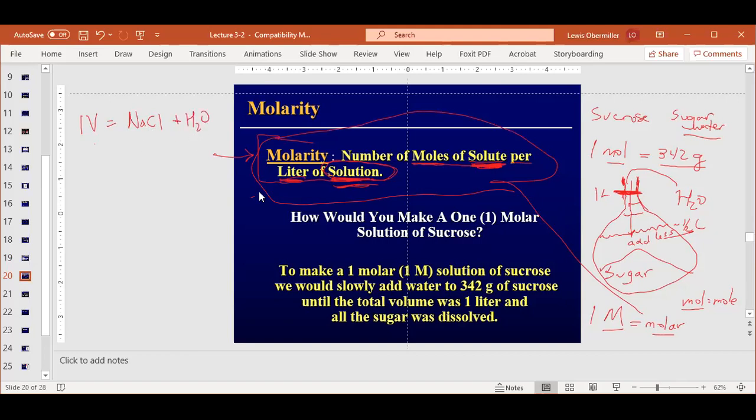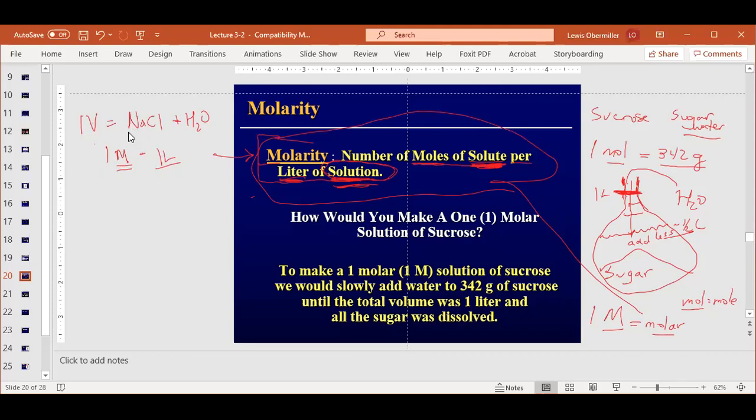So you run to your kitchen, you grab a thing of salt without iodine in it, and you're going to make a 1 molar. You need to make a 1 molar, remember that means molarity, solution of salt water, and you're going to make 1 liter of it.